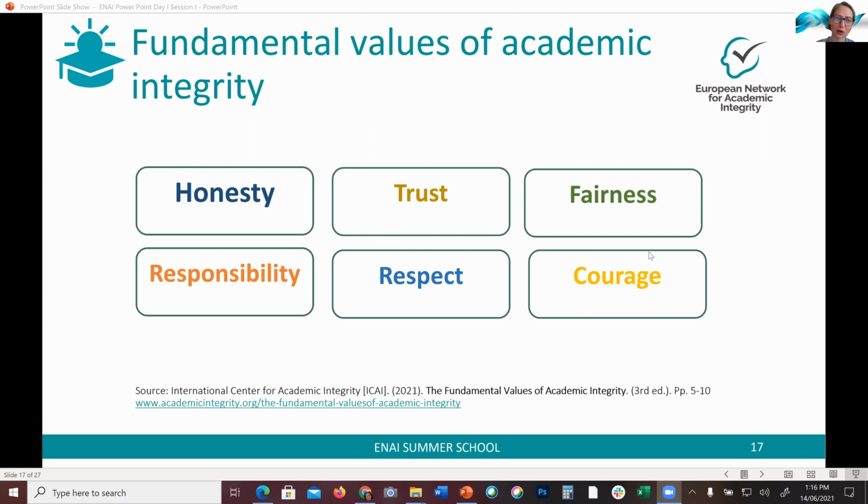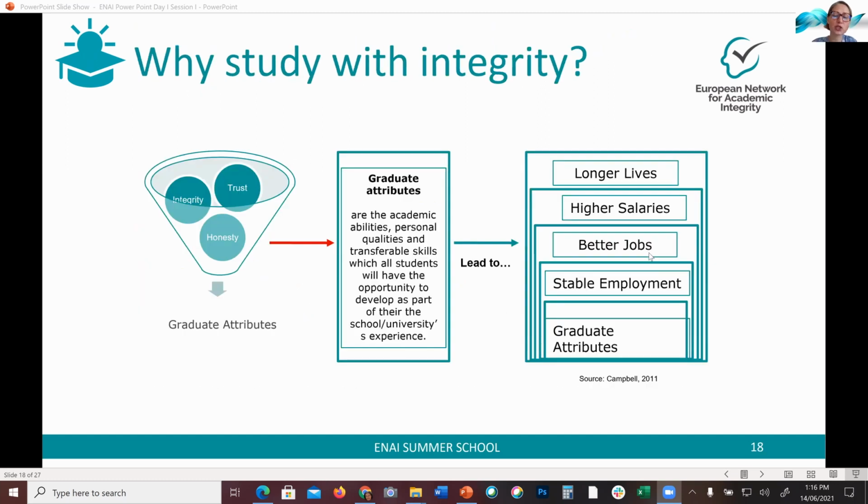And we can go now to the next two slides, which clearly show why we should look at academic integrity not as some unimportant step which we will do and forget, because what we become as students, the skills, the knowledge, the values, the practices which we acquire while being students, they lead to positive outcomes in the future.